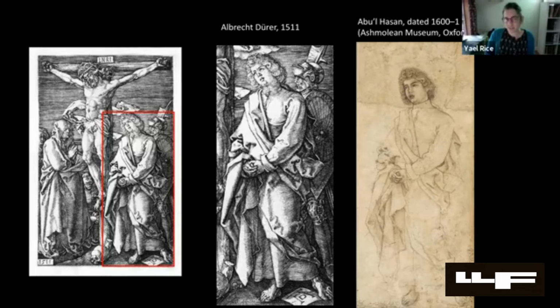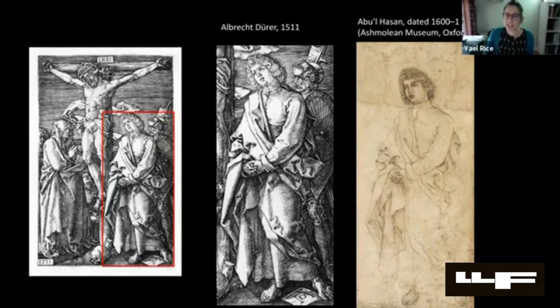From at least the 1550s, we have evidence that European prints were being collected at the Mughal court. Not only were they being collected, but they were being assiduously studied and copied, as this fantastic example you see on the right, signed by the artist Abul Hassan. He supposedly produced this as a teenager, so he was very precocious.